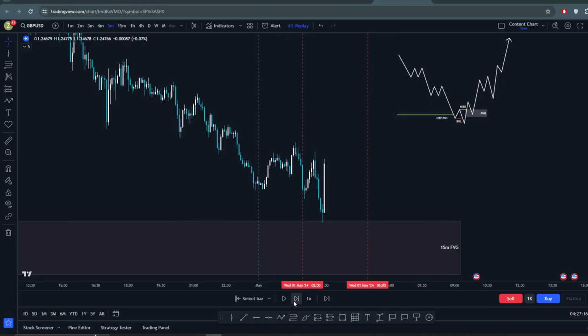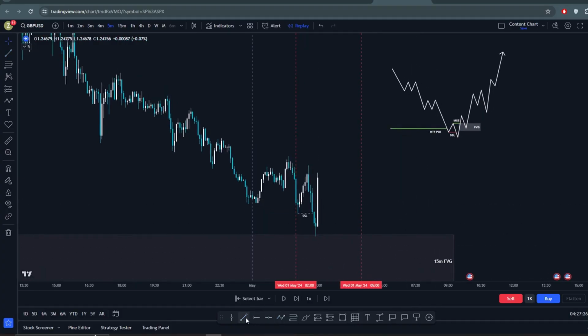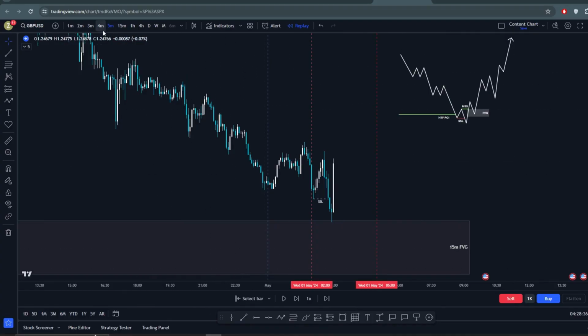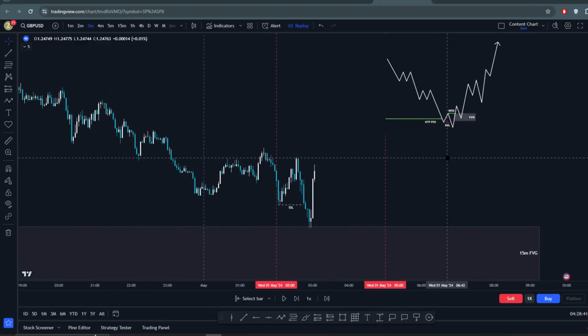So let's see. And as you can see right here, sell side liquidity taken. Now let's wait for a market structure shift or any entry setup. Let's go on into the lower time frame to see all the price action movement.